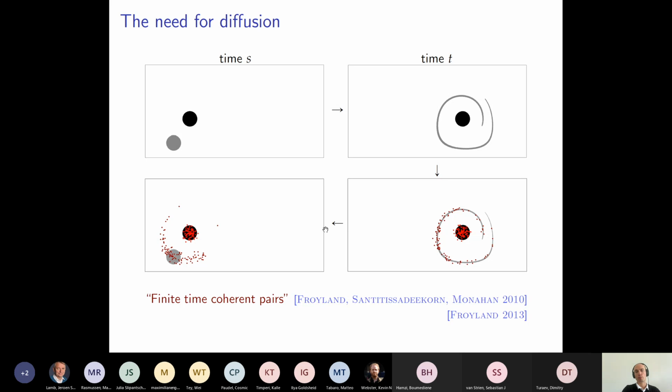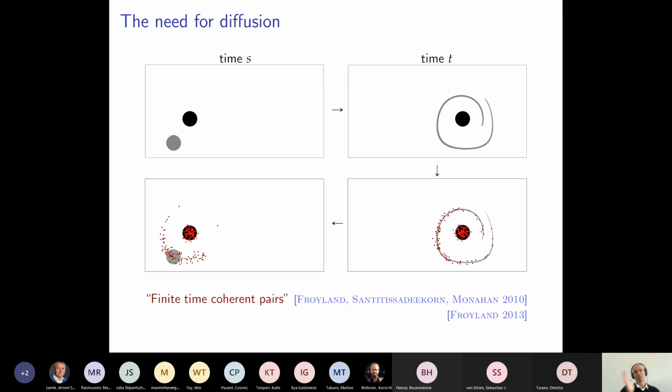It gets even more prominent if I pull everything back by the deterministic dynamics to initial time. Then you see the points stayed inside the black set at initial time, and the perturbed points from the gray set have been dispersed all over the place.